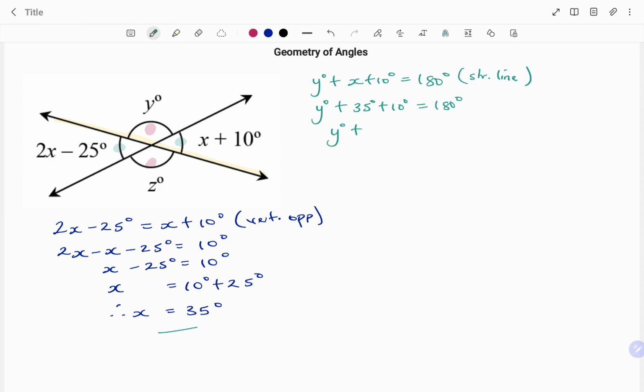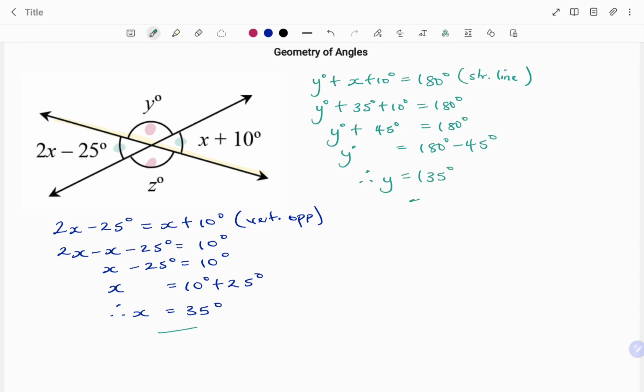Simplifying, I have y plus 35 plus 10, that's 45 degrees, equals 180 degrees. Subtracting 45 degrees from both sides, I have y equals 180 degrees minus 45 degrees. Therefore, the value of y equals 180 minus 45, that's 135 degrees.